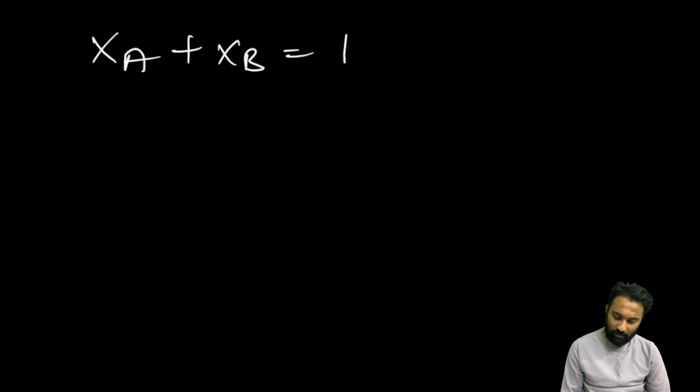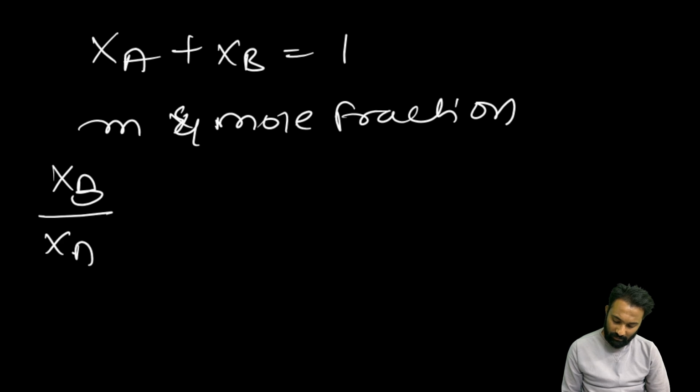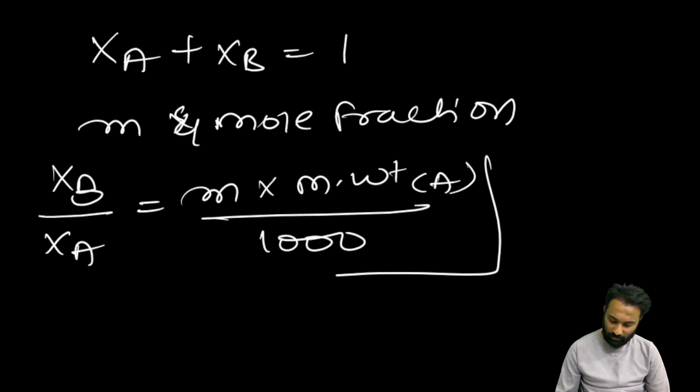Then after that, next we have seen the mole fraction. Chi A plus chi B will be equal to 1. And the relationship between molality and the mole fraction: chi B by chi A is equal to molality into molecular weight of solvent by 1000.